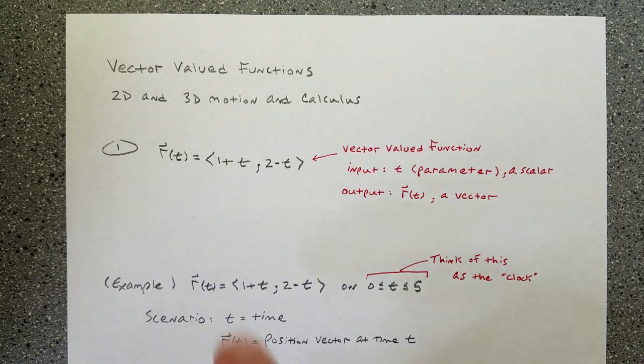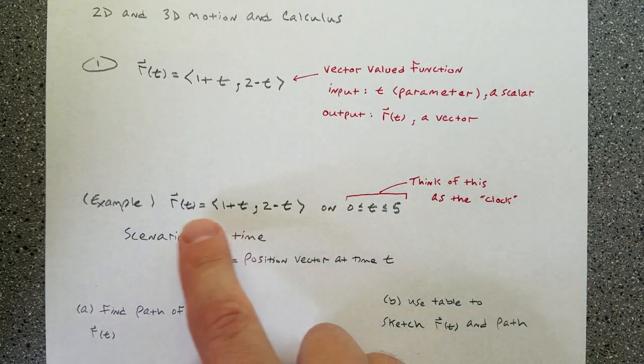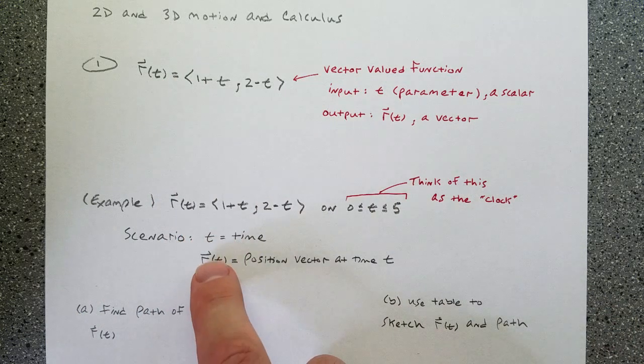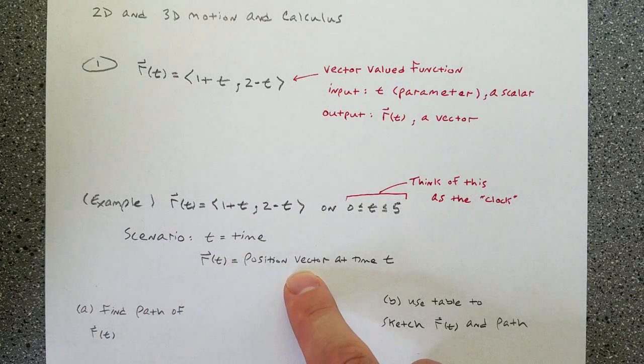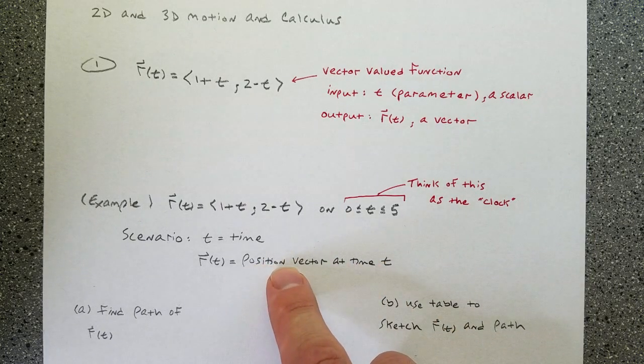Now, let's put on top of this a scenario. We'll take that same vector valued function. T will be time, and r of t will be the position vector at time t. The position vector is just a vector that indicates the position of an object at a time.